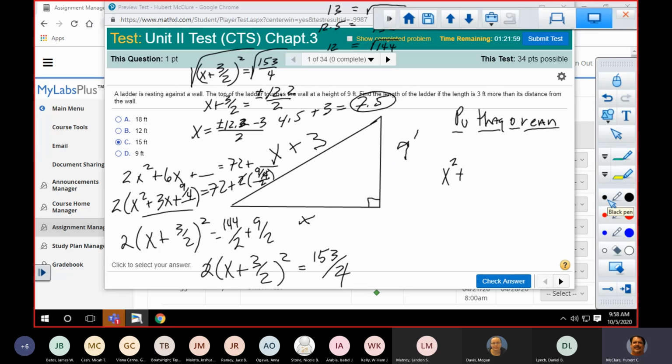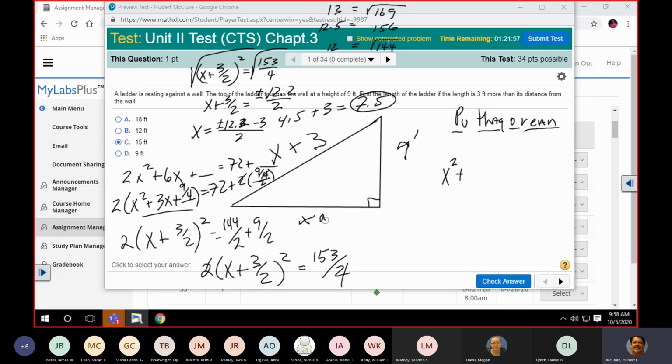Right here, this is A, this is B, and this is C. I turned it around. A squared plus 9 squared is equal to x plus 3 squared. My bad. But the way that you do it is still the same way. You just do x squared plus 81 is equal to x squared plus what? 6x plus 9.